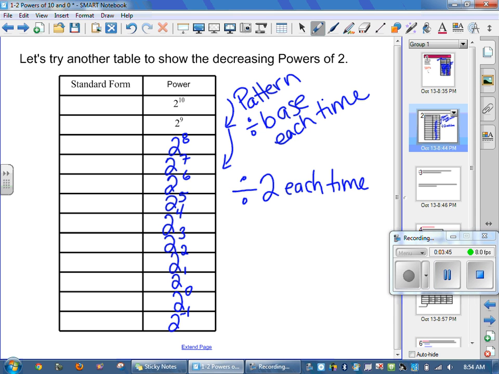Now let's fill in our answer values. We can work from the bottom to the top. Let's start with 2 to the 1. 2 to the 1 gives me how big? 2. 2 squared is 2 times 2.